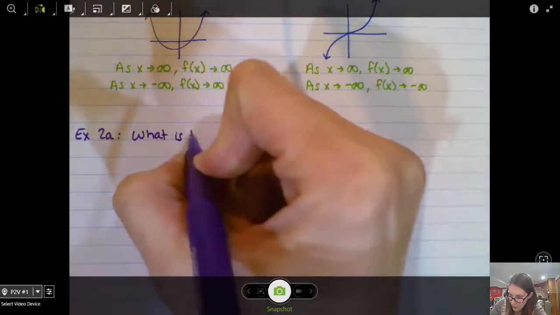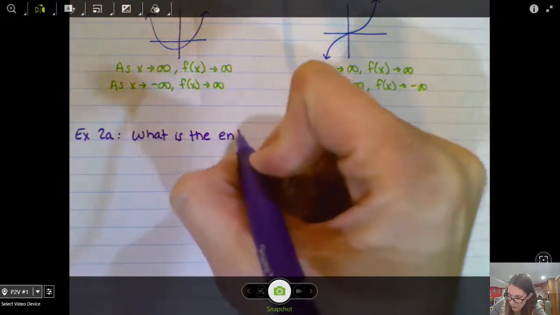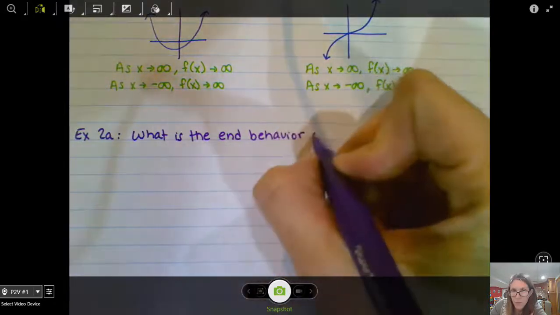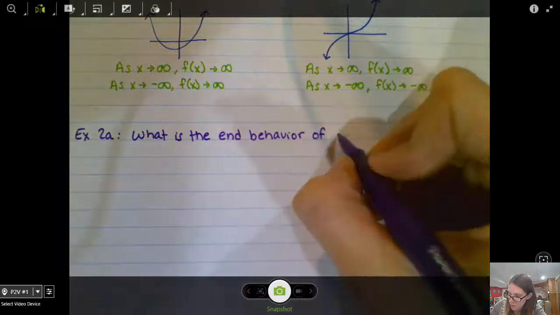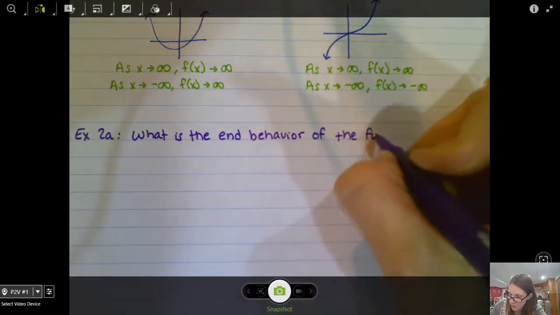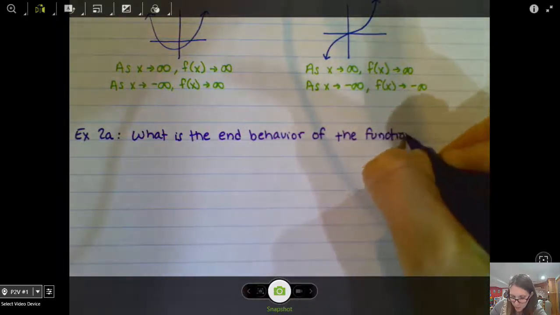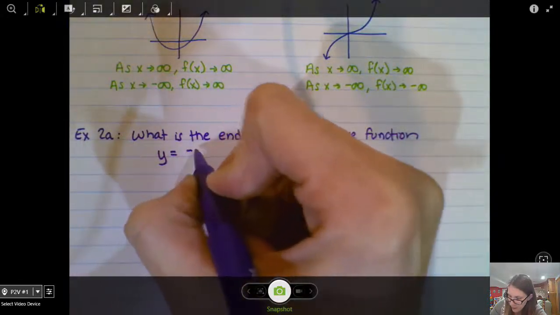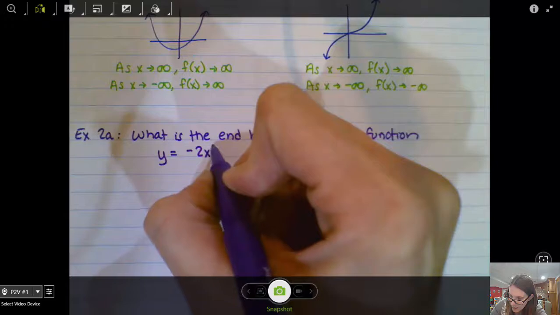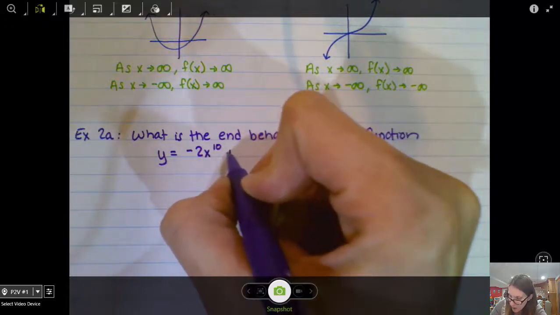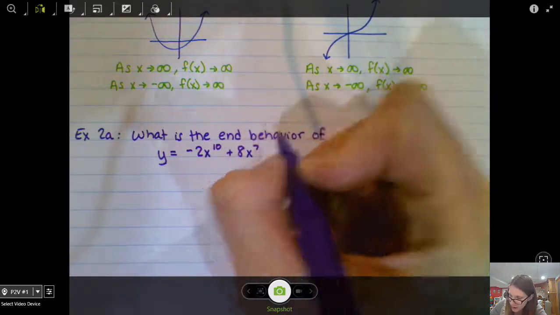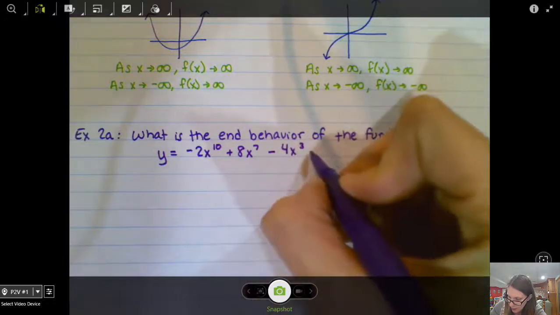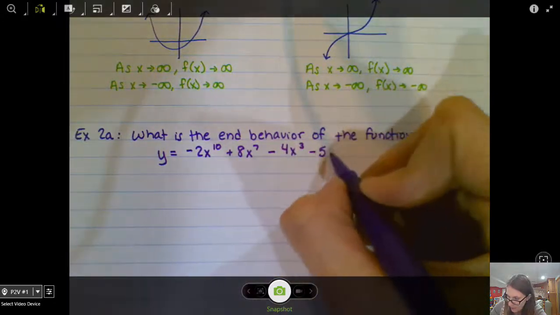What is the end behavior of the function y equals negative 2x to the 10th power plus 8x to the 7th minus 4x to the 3rd minus 5?